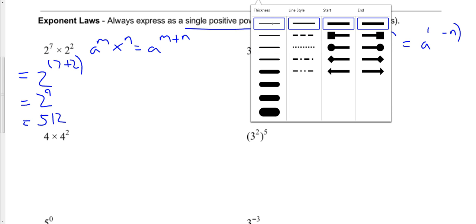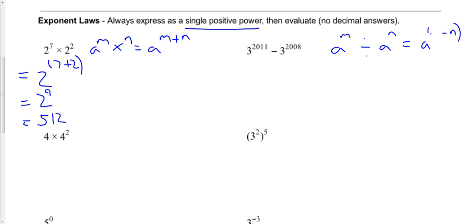So we just simply subtract the exponents. In this instance, our base is 3, and we've got 2011 minus 2008. 2011 minus 2008 is 3, and so this is going to equal 27, because 3 to the exponent 3 is 27.